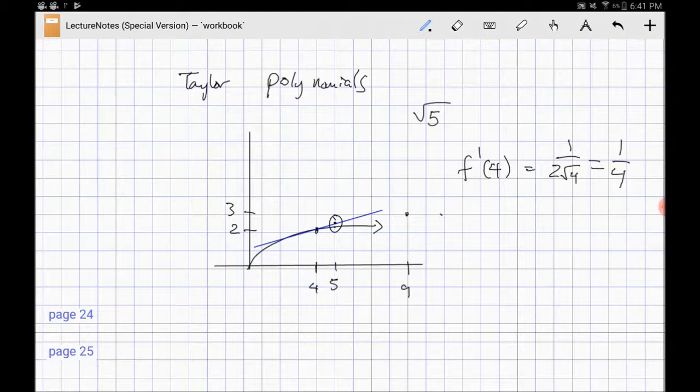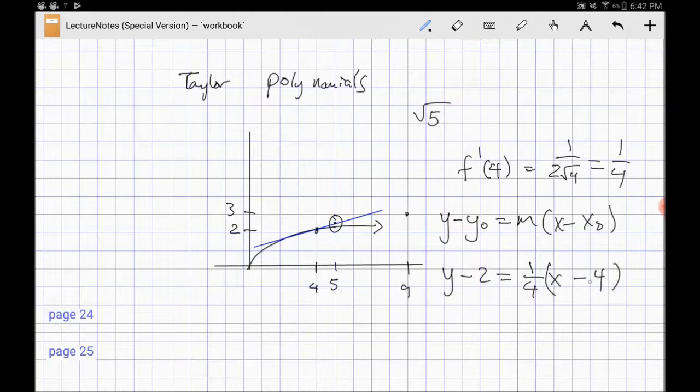So then we can say the formula of a line is y minus y naught equals the slope, which I'm going to call m, times x minus x naught. So in this particular case, we have y minus 2 is equal to 1/4 of x minus 4. So we have y is equal to 2 plus 1/4 of x minus 4.